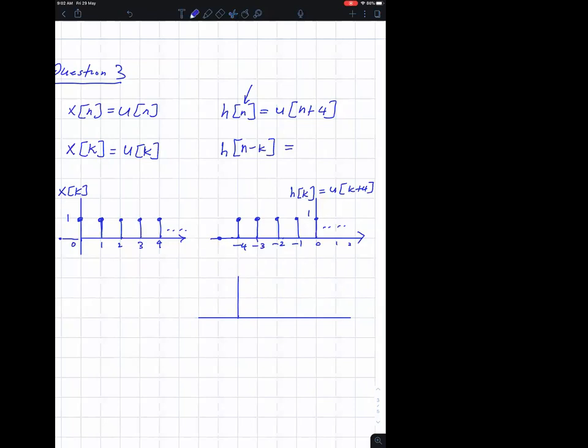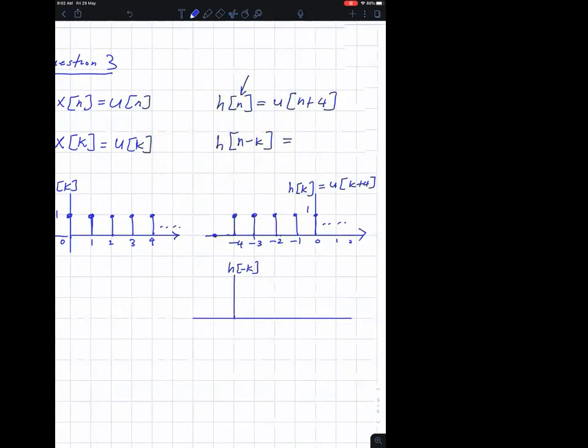Next, you plot h of minus k. You will be just flipping the signal about 0.